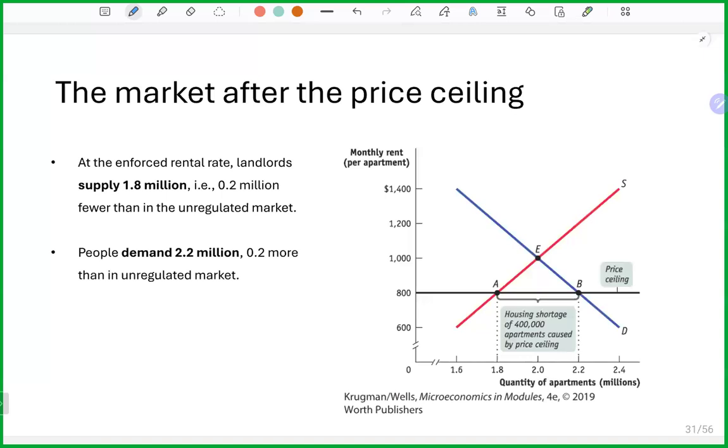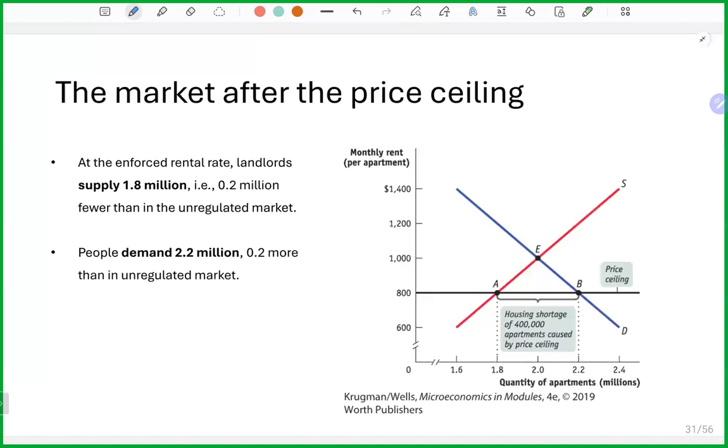The answer is no. If his willingness to pay is only $850, he will not choose to get an apartment at $1,000, right? But people with a willingness to pay of $850 may get an apartment under the price control.